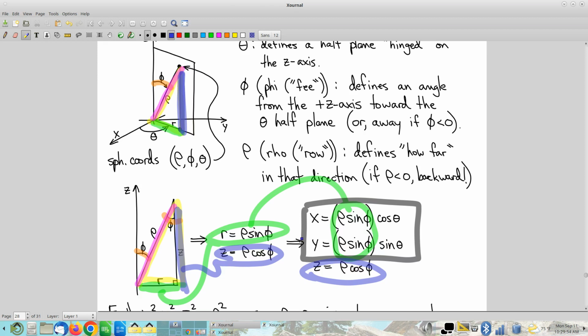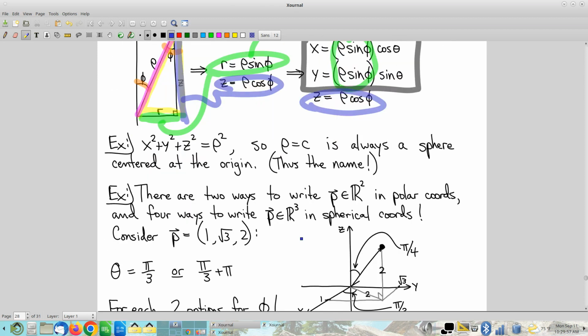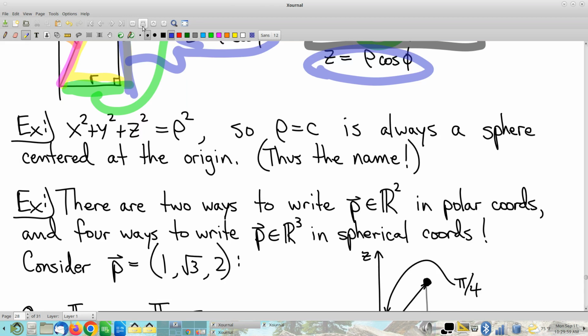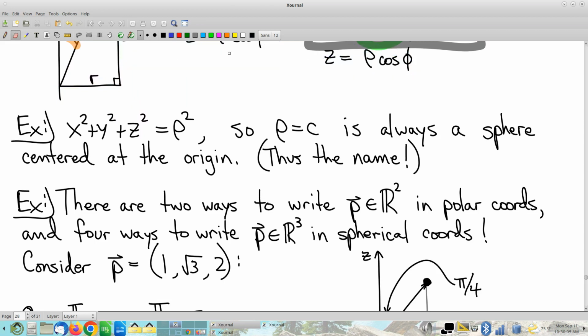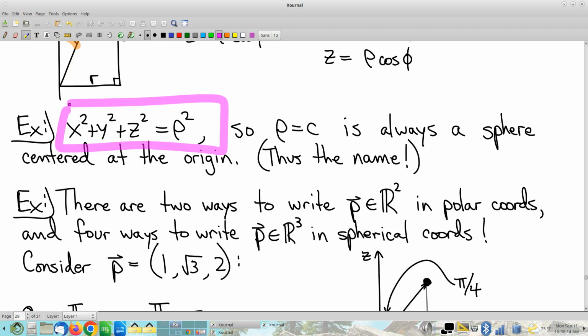Moving along. Couple of examples. We'll start off with a sphere centered at the origin, and it works out very nicely in spherical coordinates. Big surprise. Easy observation to make from the picture is that x squared plus y squared plus z squared is rho squared. And so notice how close this is to the equation for a sphere centered at the origin.